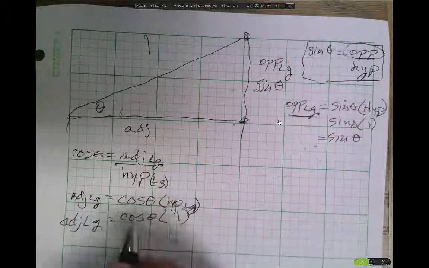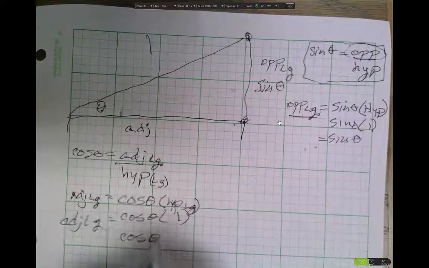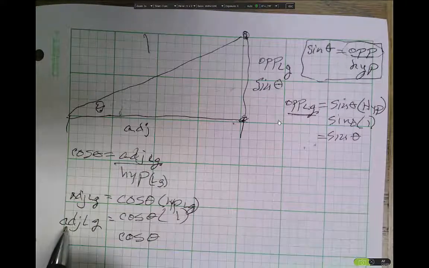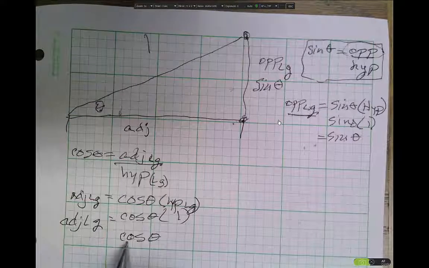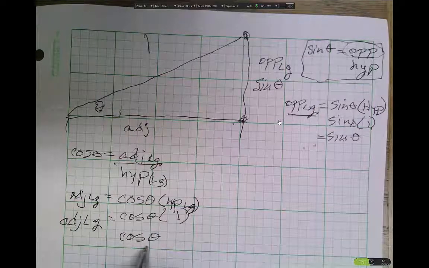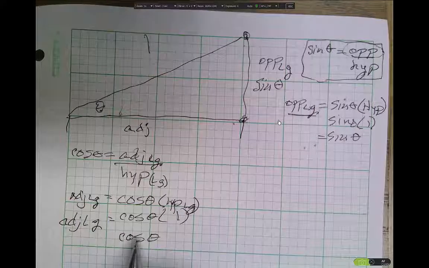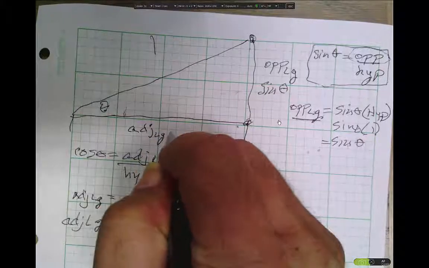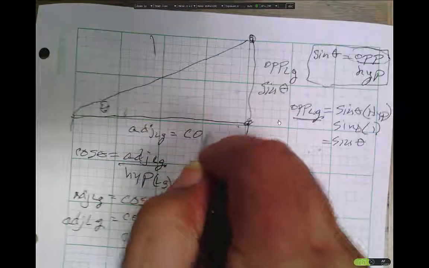Okay, so cosine of theta being equivalent to the adjacent side, we can use either symbology for this side. So adjacent large equals cosine theta.